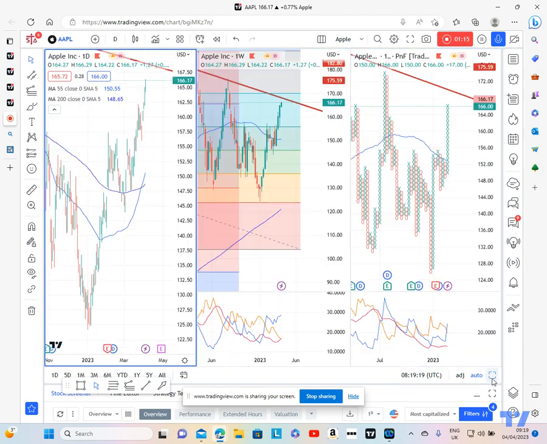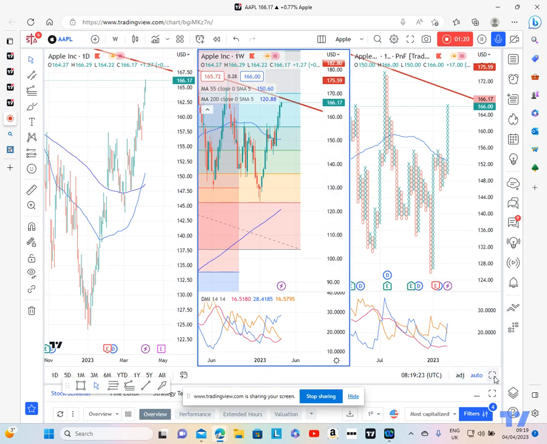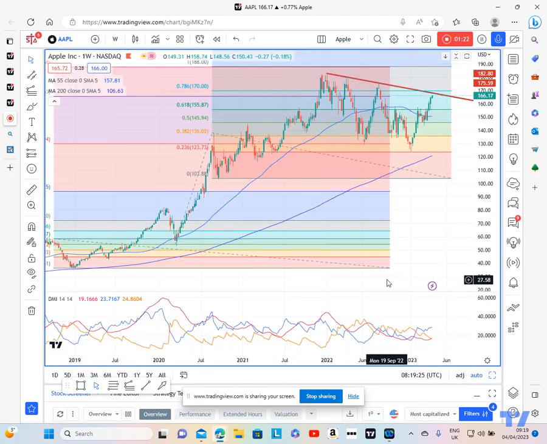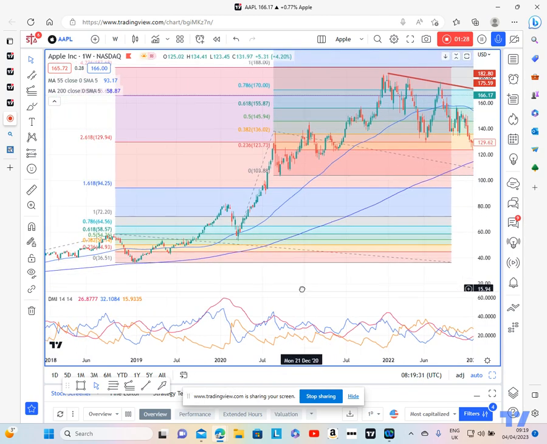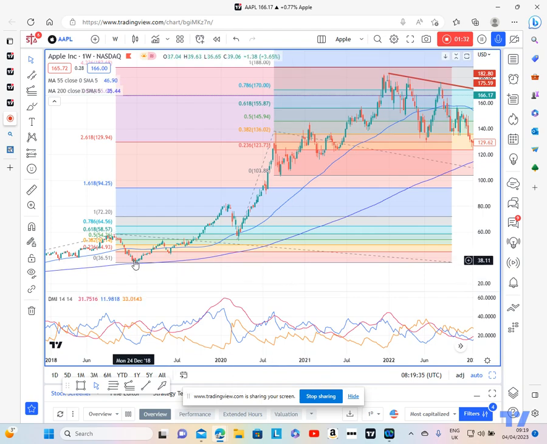So the first I look at are things like Fibonacci extensions. I'm going to just show you what I've done on the weekly chart here, because I do like to look for convergences on the extension prices. So I've gone from this low back in 2018 to a peak in February 2020 and taken it from this reaction low.